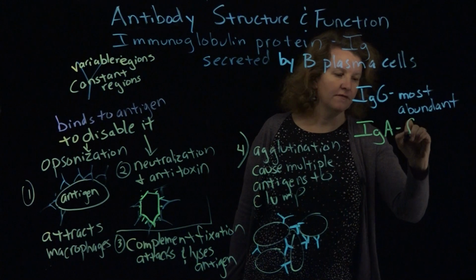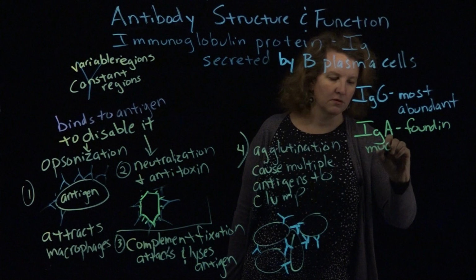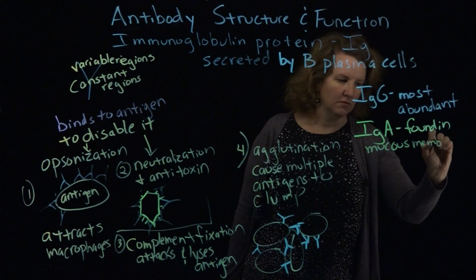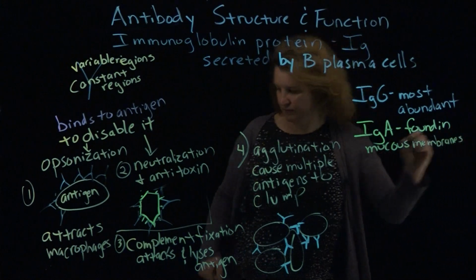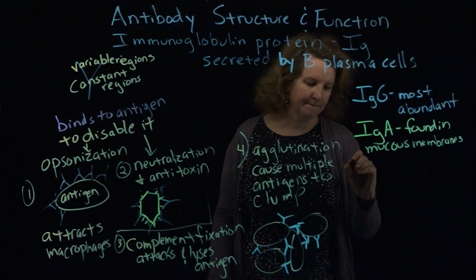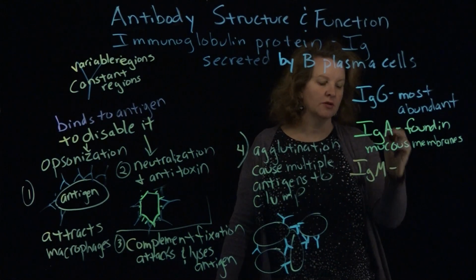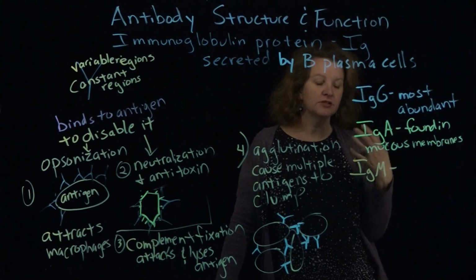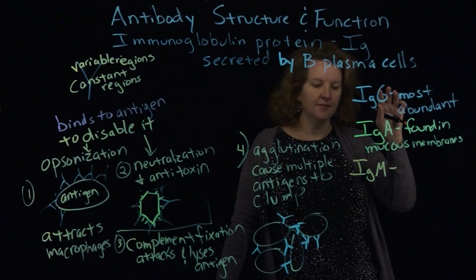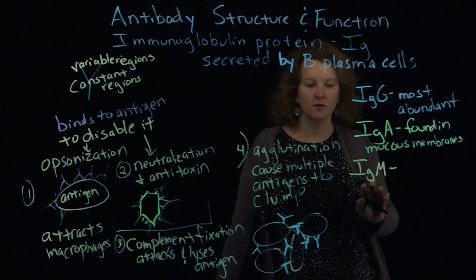This is found or secreted in the mucous membranes. IgM, which is an early responder. So often this is drawn in when you look at, you'll see it sometimes in inflammation drawings, because you'll see the steps of the chemotaxis and the stimulation of the immune system. And this is one of the early responders.